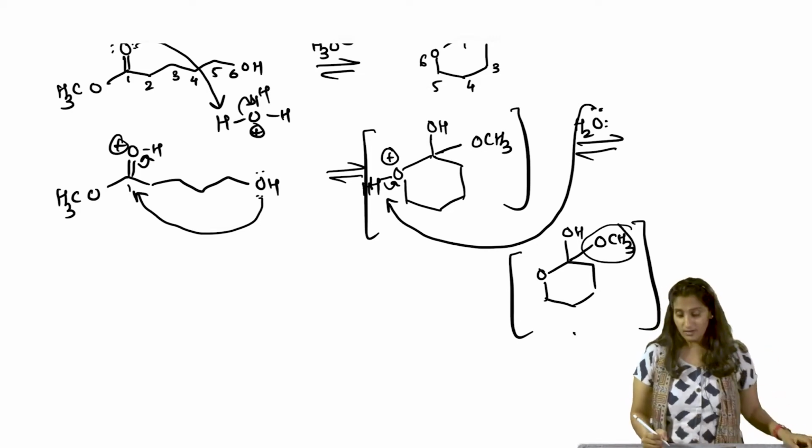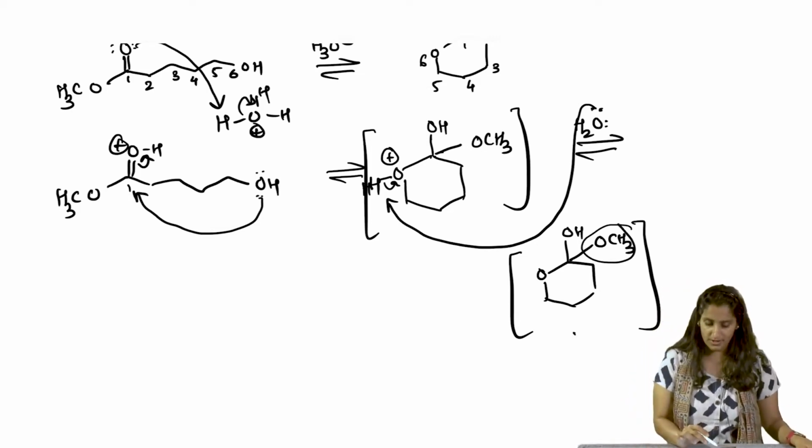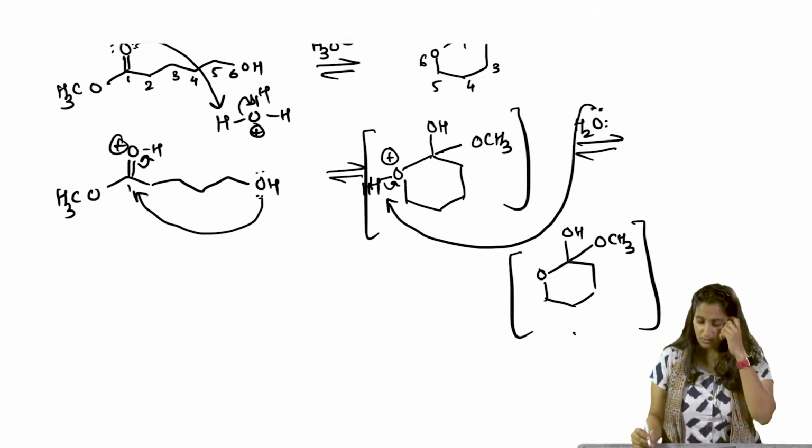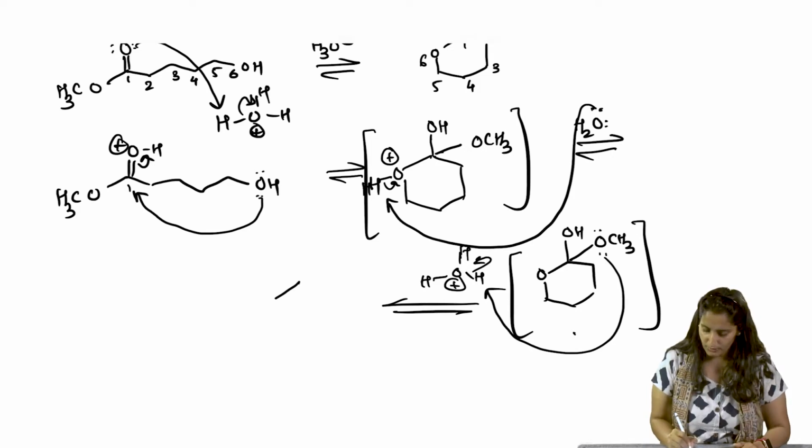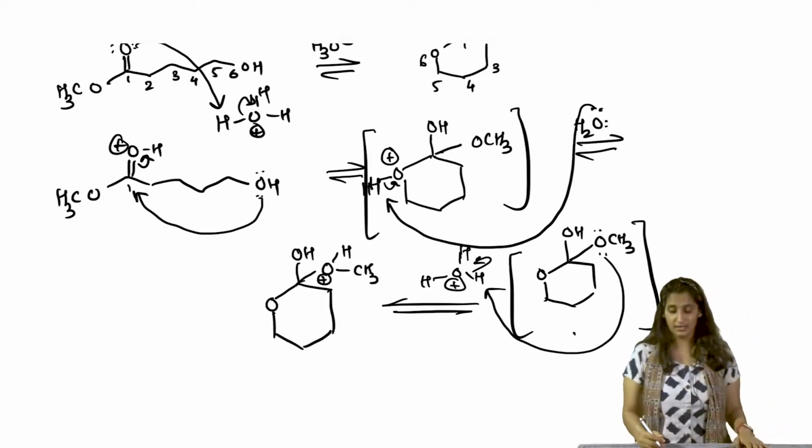But we cannot kick it out just like that because we are in acidic medium. So, what we are going to do is first make it into a good leaving group, and that becomes our good leaving group here. So, what do we form here? We have now methanol as our leaving group. That is a better leaving group in the case of acidic medium.